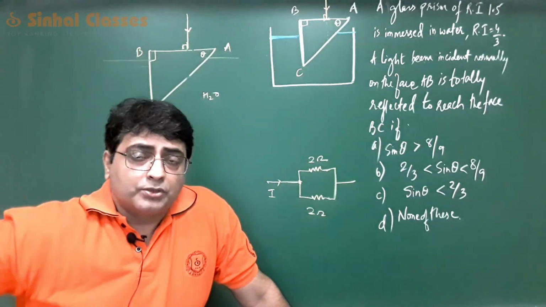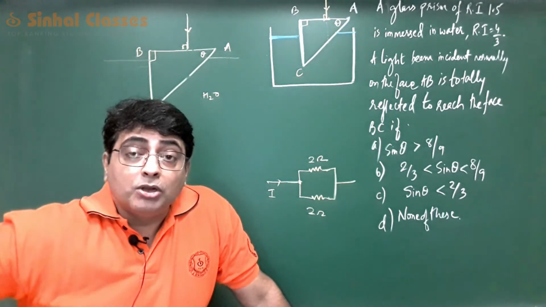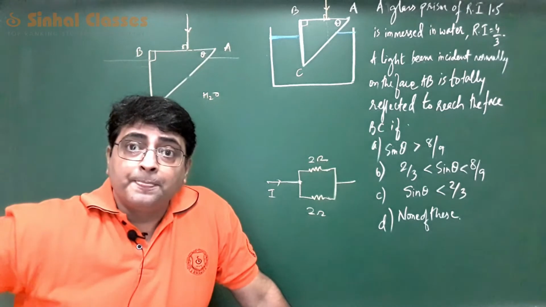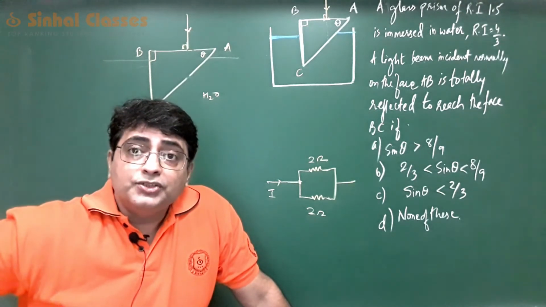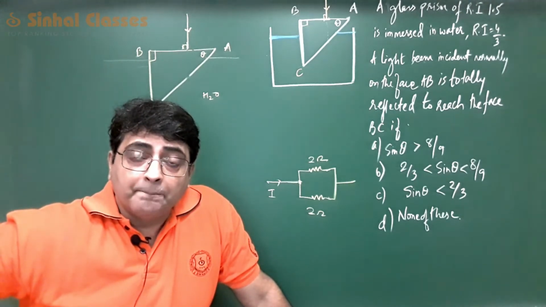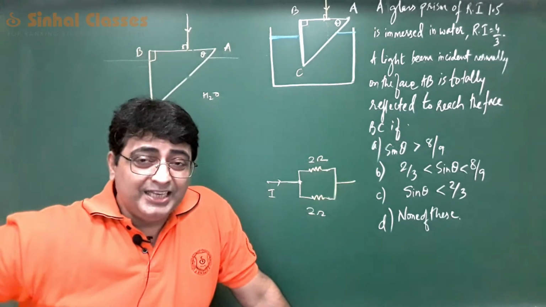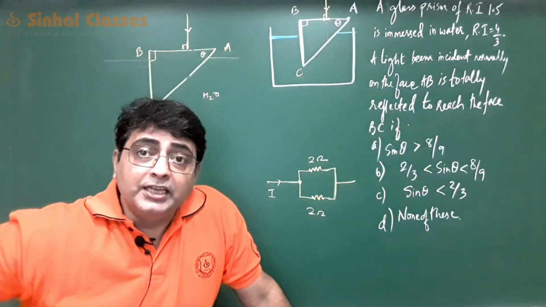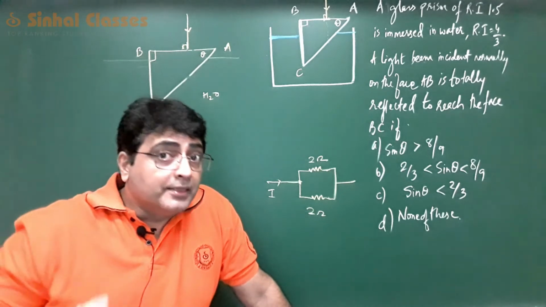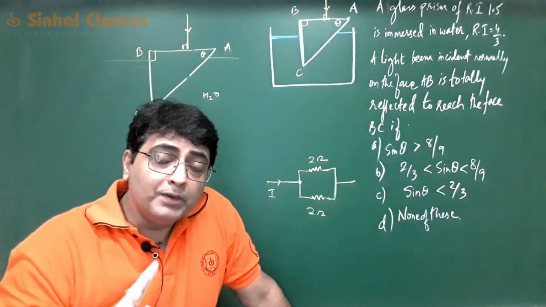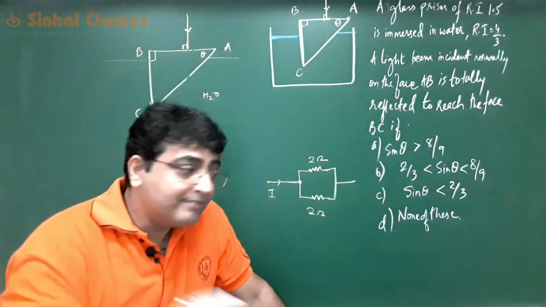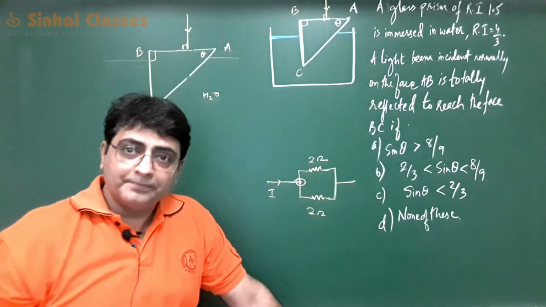Kirchhoff's first law is the current law, the law of conservation of electric charge. That means as much charge flowing into the junction per unit time is equal to that leaving the junction per unit time. Thereby, there is no accumulation of electric charge at the junction.